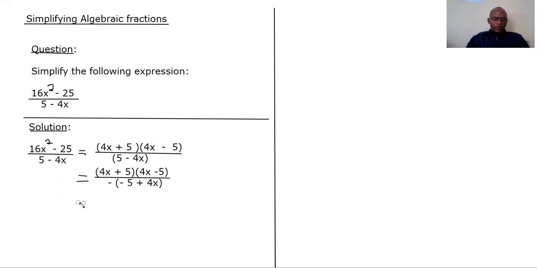Then from there, I'm now going to rearrange my numbers so that the two factors are exactly the same. So I'm just going to rearrange the one in the denominator. Rearranging.